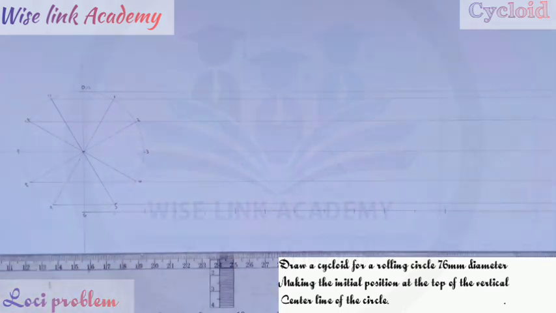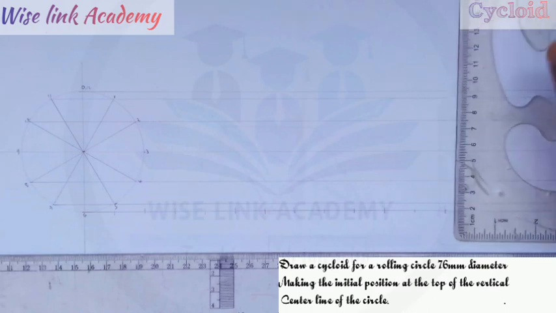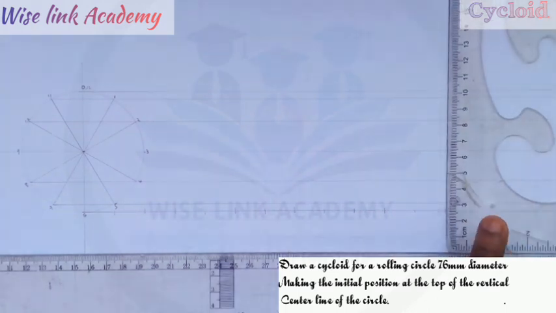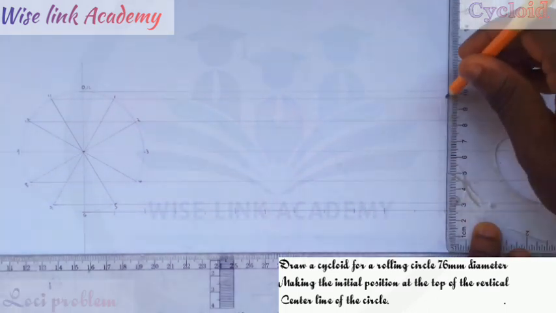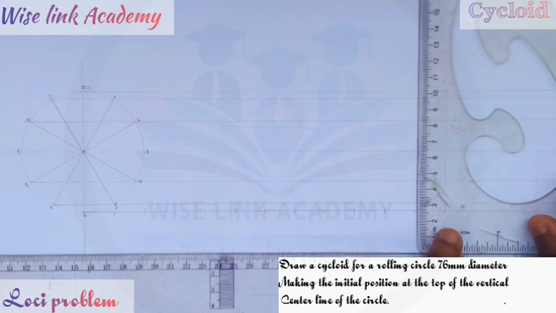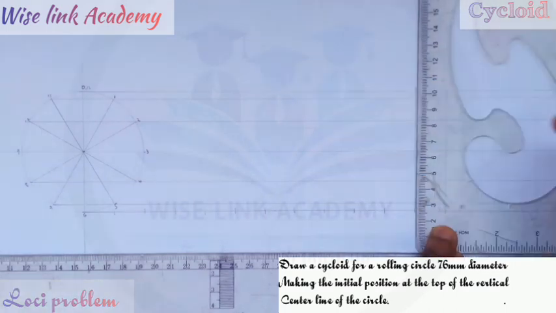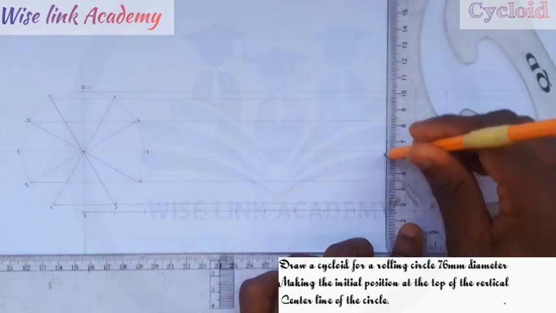Right? So having done that, you take your set square this way, take all the points upward. Take this one too upward, take this upward.